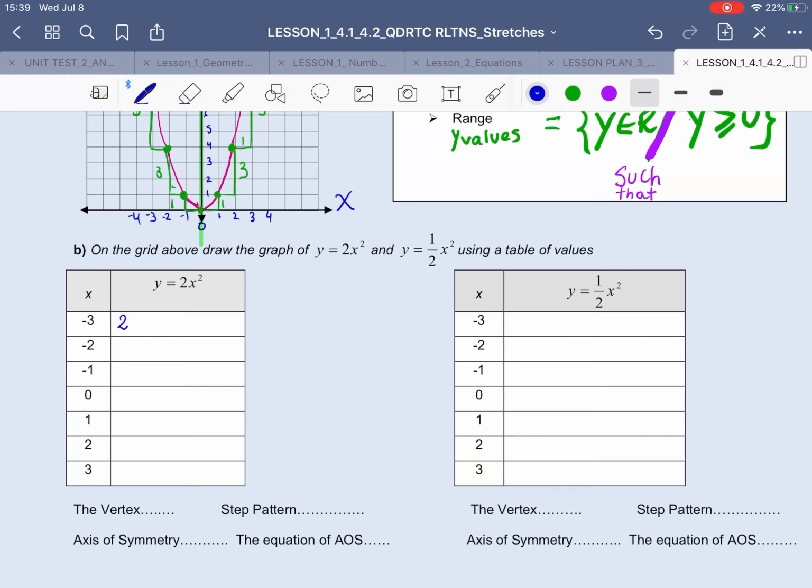So we have when x equals -3, then y will be 2 times -3 squared. x -2, 2 times -2 squared. And then 2 times -1 squared. 2 times 0 squared. 2 times 1 squared. 2 times 2 squared. And then 2 times 3 squared.